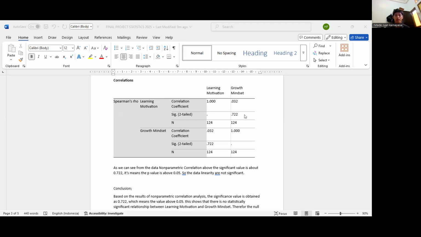The value is about 0.722. So the data are not significant. That's not what we expect.